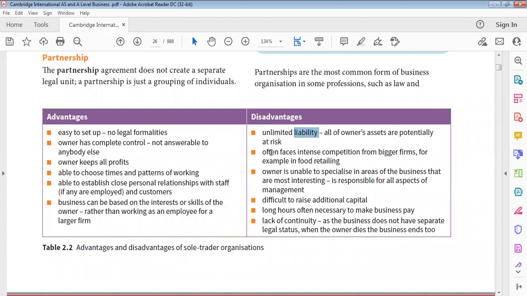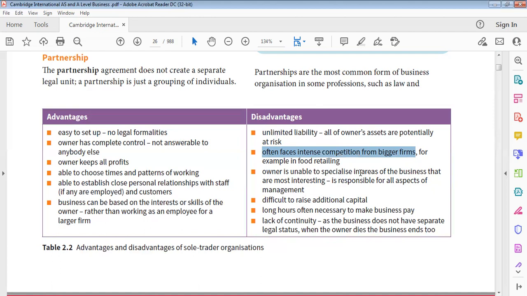They often face competition from bigger firms, so this is common sense. In economics and also in business, you'll be able to write many answers by using your common sense. Unlike science subjects, you don't have to remember any particular theory or formulas. That is why these business subjects and economics are very interesting. Obviously, these types of firms, partnership and sole tradership, are small.